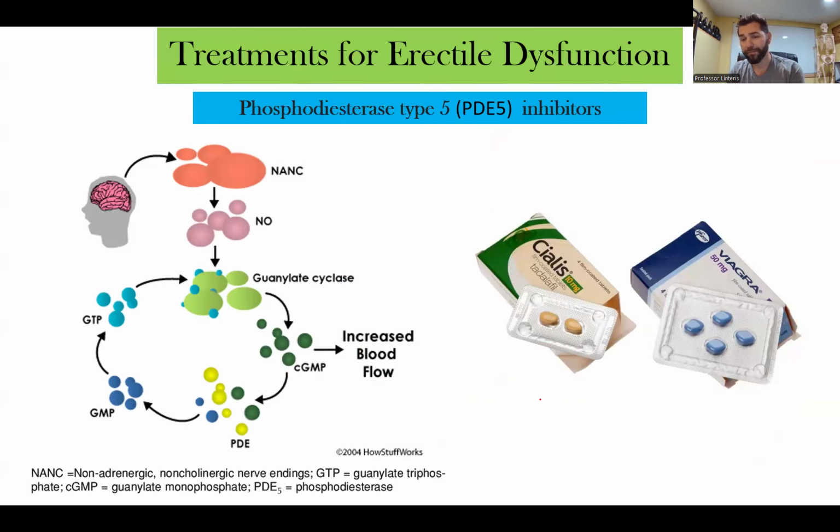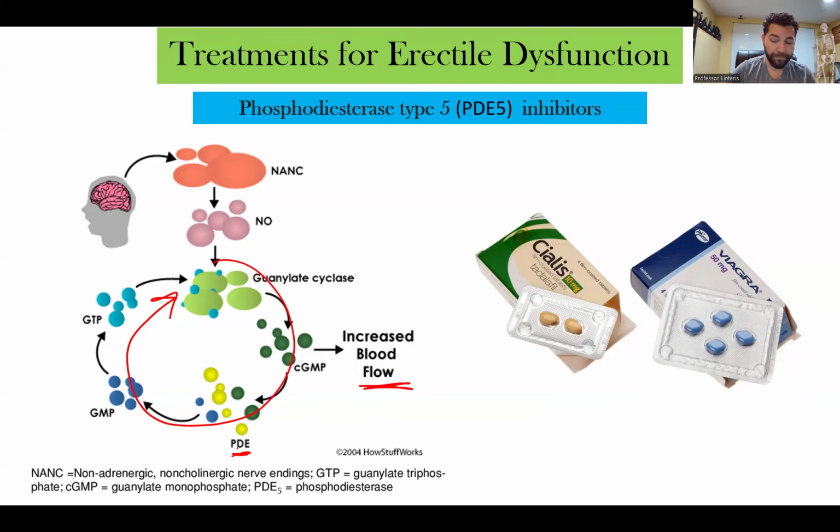There are various types of medications as far as treating erectile dysfunction or issues associated with that pathway we just discussed. One of them is PDE5. So you kind of have this cycle here where we have an increased blood flow, and then this enzyme, phosphodiesterase, is responsible for shutting it off, if you will.